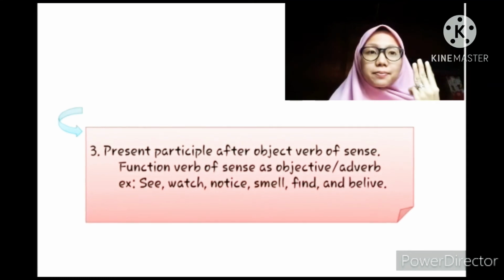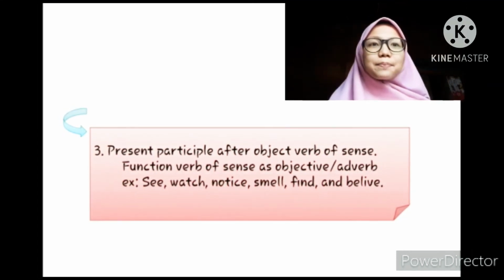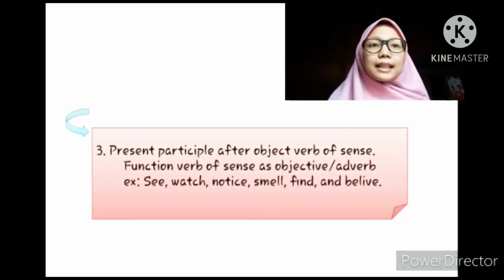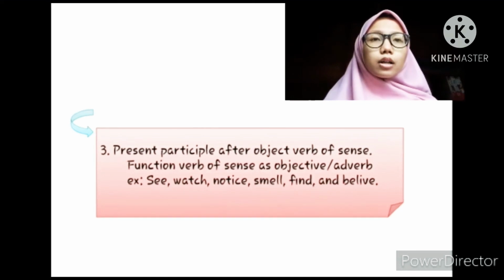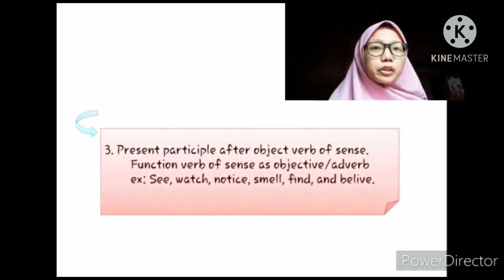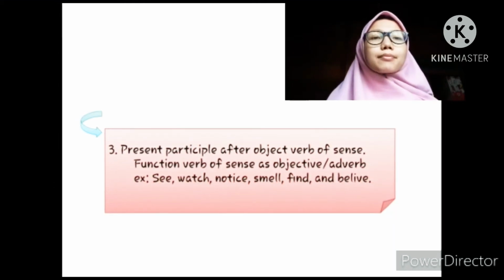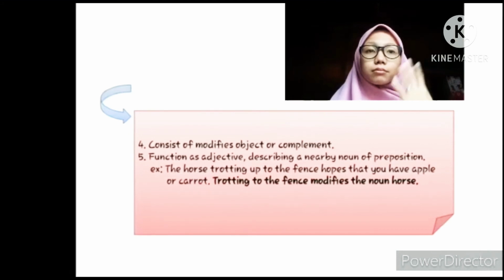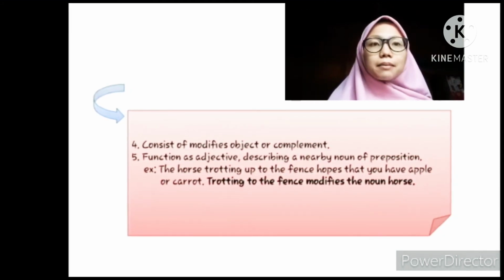Number 3, present participle after the object of a verb of sense. The function of a verb of sense is objective or adverb. For example, see, watch, smell, find, and believe. Number 4, consists of modifiers, objects, or complements.